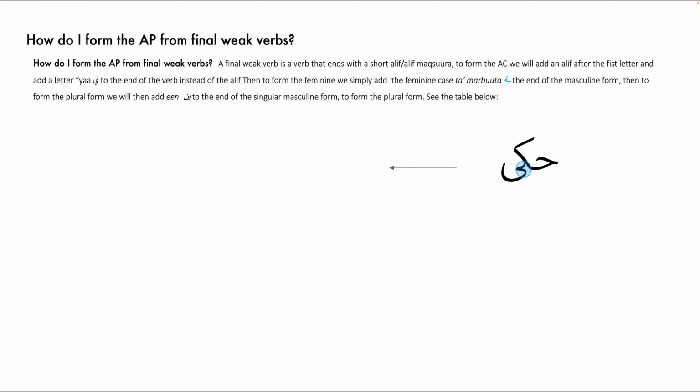And how do we form the active participle from a Finalweak verb? We would do the following. First, you still need to add the alif, which you always do when you form the active participle. The other thing is, because this is an irregular verb, the alif maqsoora reverts back to its original root form, which is a ya, an E sound. Most of the time when we change the derivatives on the tenses, some of these root letters do come back again.